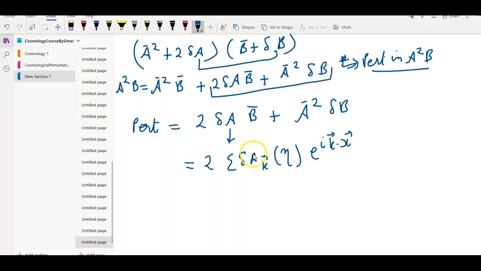So I have this delta a k eta, and plus a bar square times the Fourier expansion of delta b.